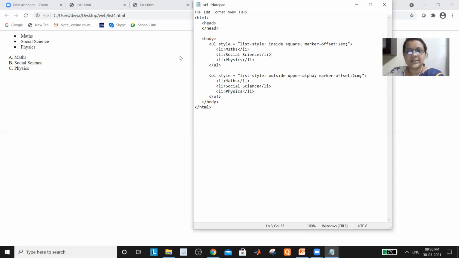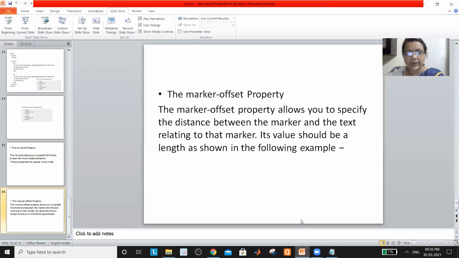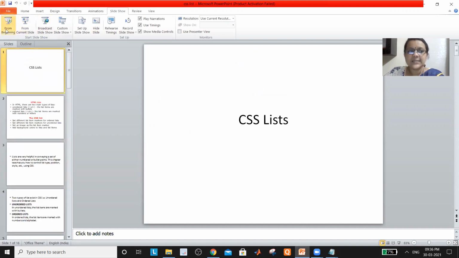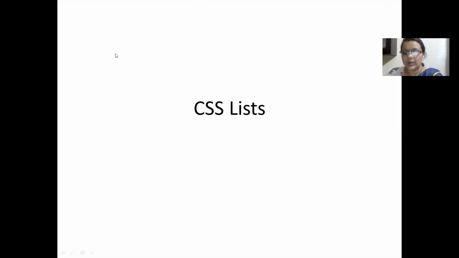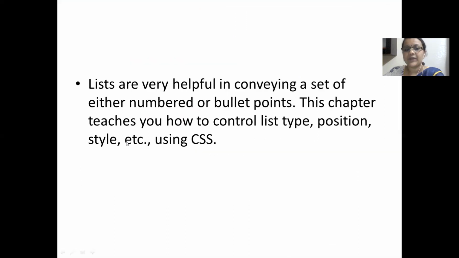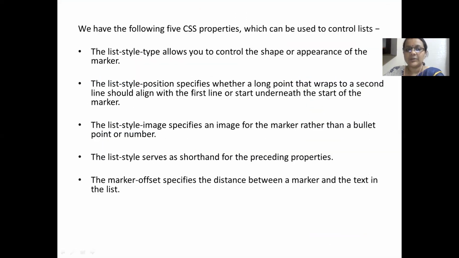You can see this program and execute it. Now it will be okay for you. So in my last slide, I want to summarize that CSS lists have some advantages over HTML lists. Like in HTML lists, ordered and unordered are there, here also, but we have some advantages, like the 5 properties.